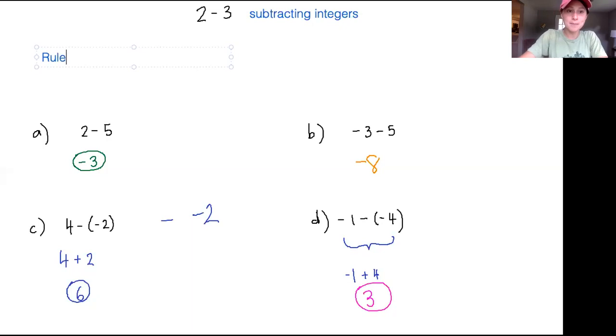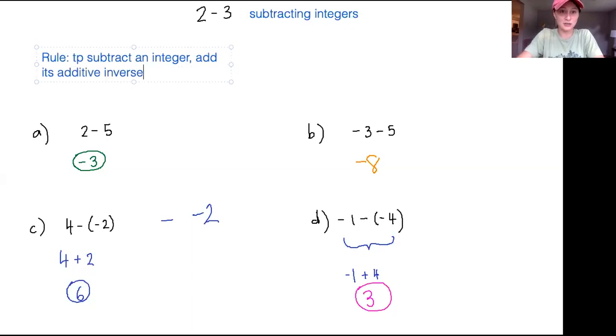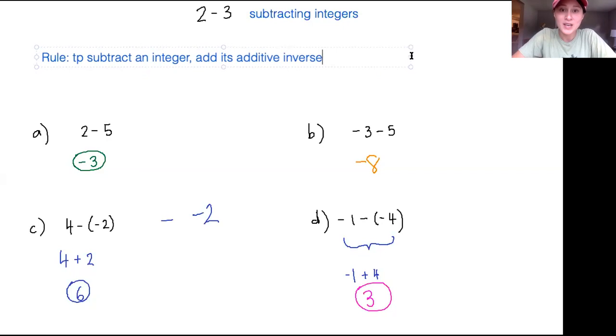And to use mathematical terms, we could say to subtract an integer, add its additive inverse. Inverse means the opposite. So another way we could say that is add the opposite.